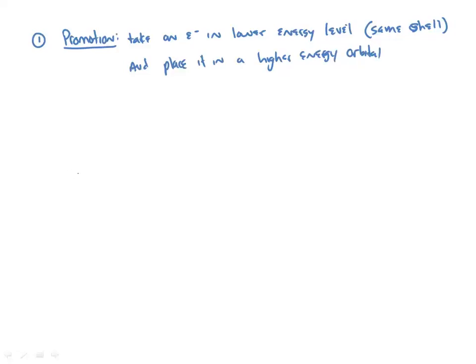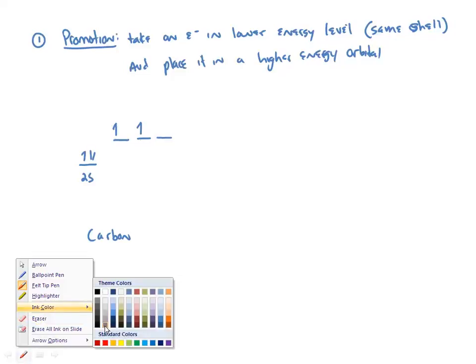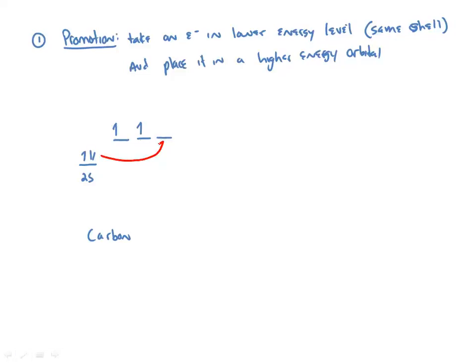So what we're really saying is that if I take a look at just the outer electron shells for carbon, so this is carbon, I have something like this. What it's going to do is promote one electron to that empty orbital. So we promote a 2s electron to a 2p orbital.